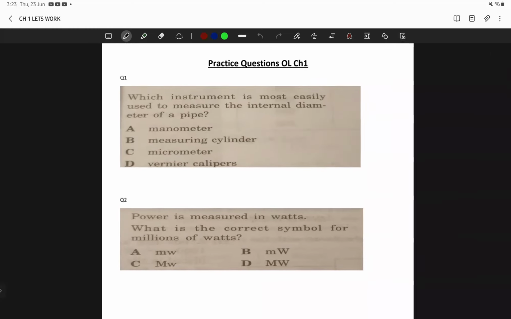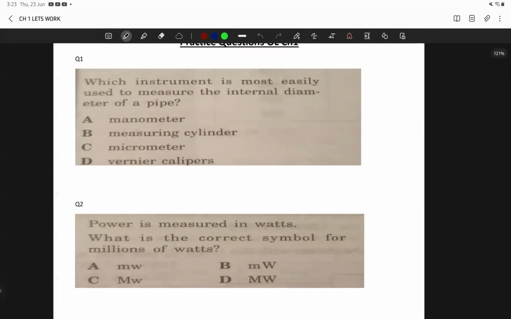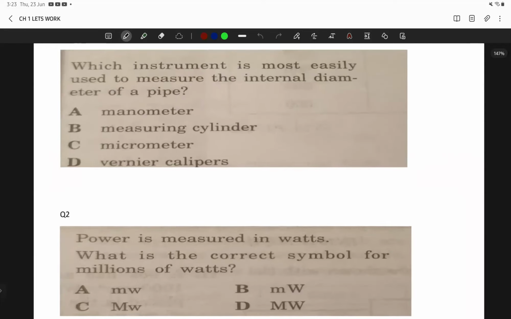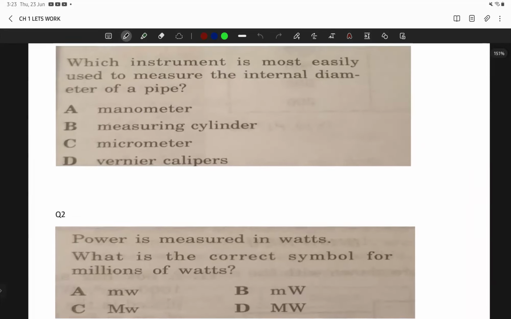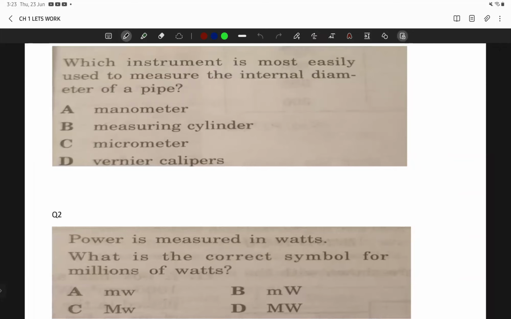Not all of the questions are in this file that I just opened. I'll have to prepare another file where I'll include questions from vernier calipers, micrometers, and simple pendulum as well. I was thinking that I'll prepare them for Friday and we'll work out all the questions on Friday. But let's see what we have over here.